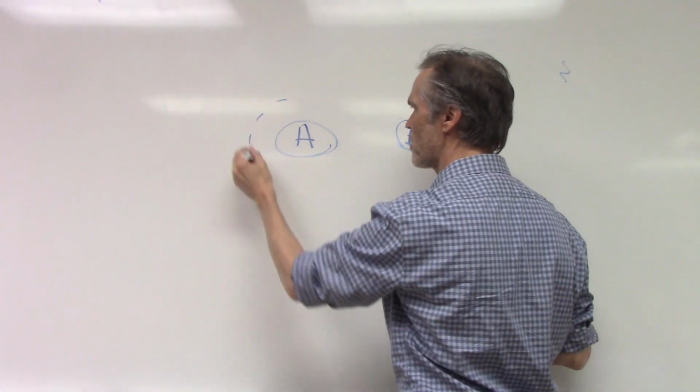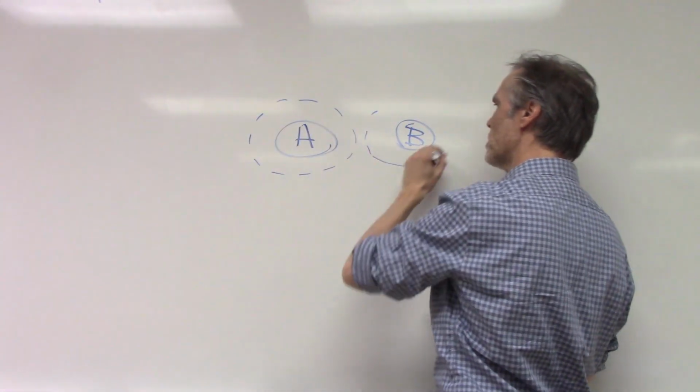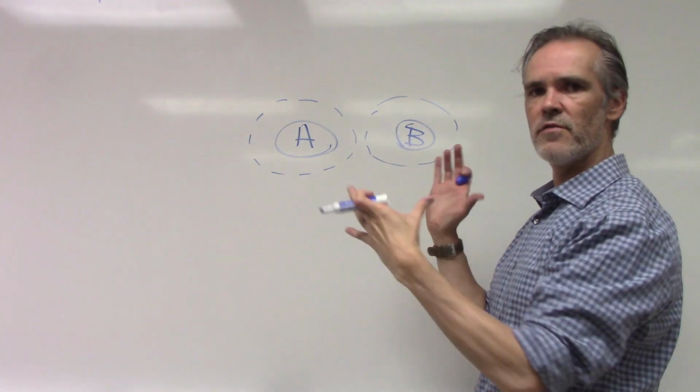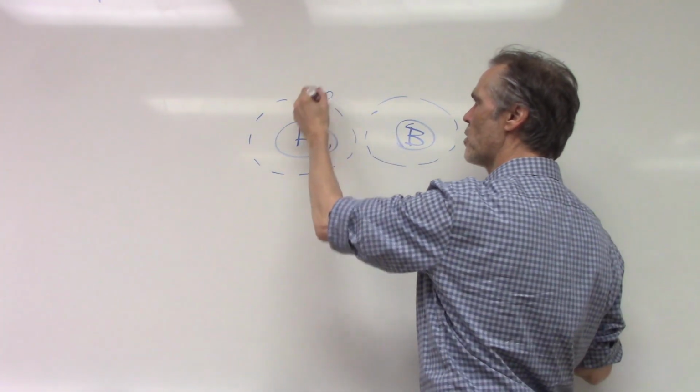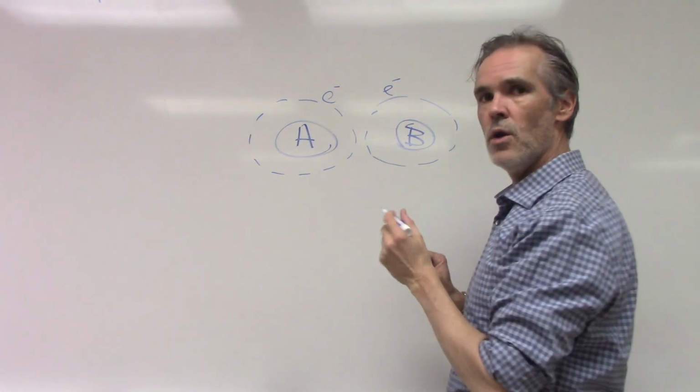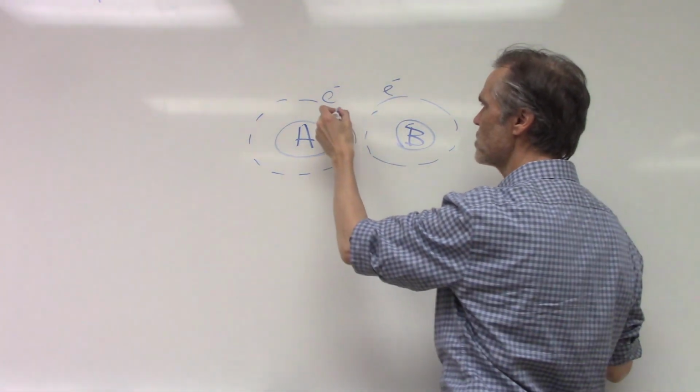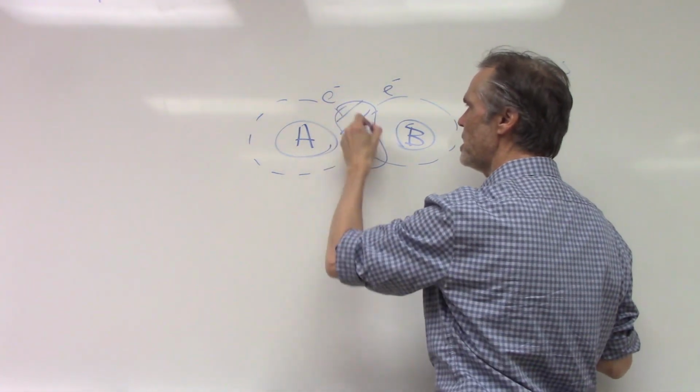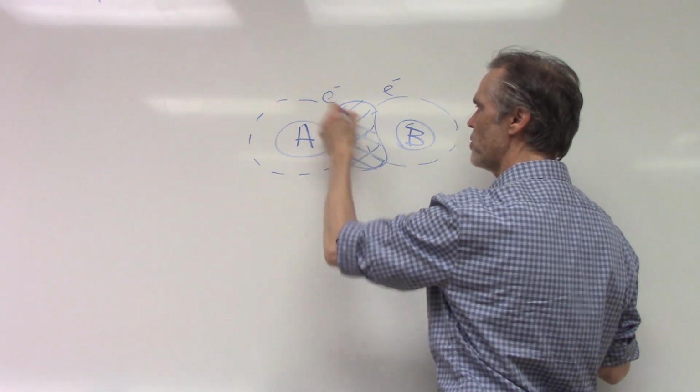So don't forget that the orbitals are here, and the orbitals are around the nucleus of each atom. And this is where we find the electrons, right? Well, it would be possible for these electrons to be shared in an area between those 2 here.